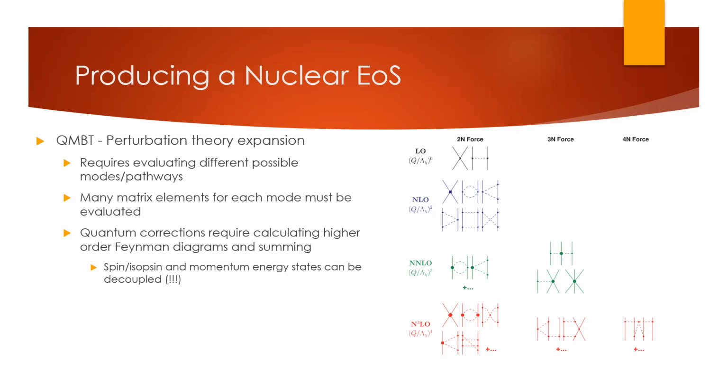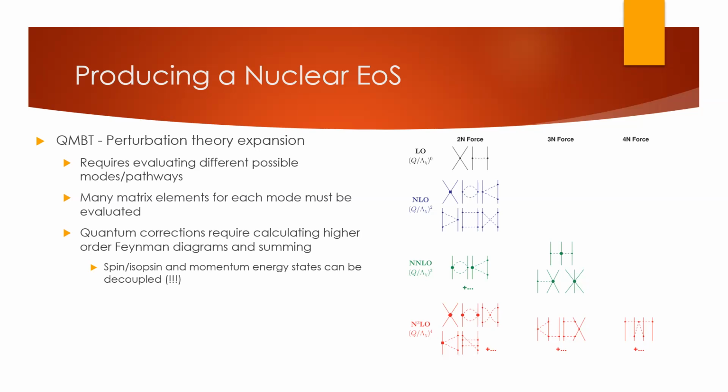Typically, this calculation is cut off before 4 nucleon interactions come in, at next-to-leading order, so the green there, where most of the contributions to the equation of state have been taken into account. And terms further than that are usually taken just as an error estimate.